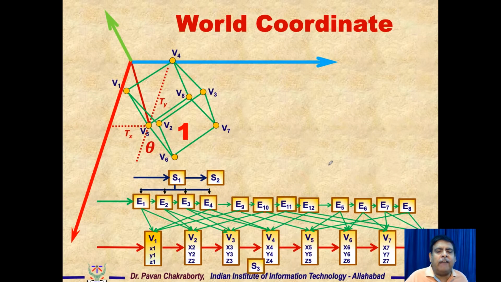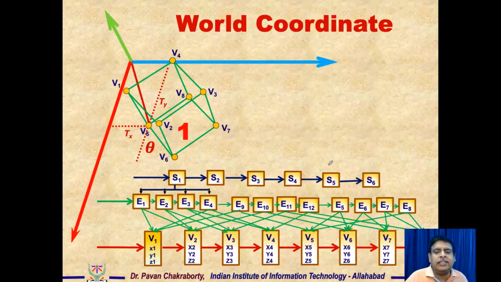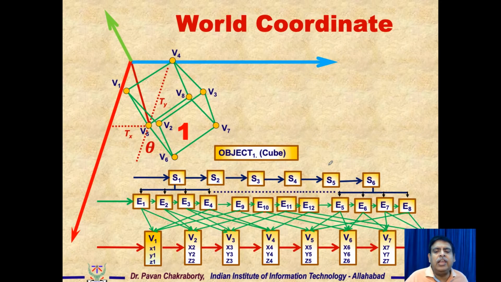Similarly, I will have the other surfaces S2, S3, S4, S5 and S6, S6 being the lower square of the cube. Now these surfaces together form the first object, object 1.